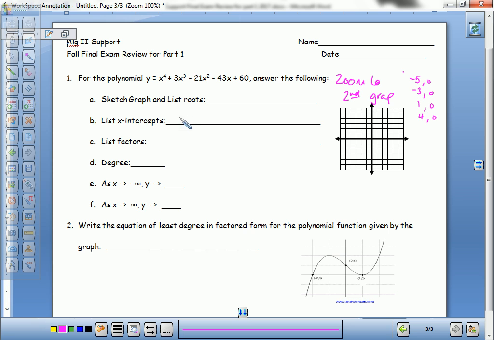So those are my x-intercepts. They're also called the roots. So the roots occur at -5, -3, 1, and 4. So my x-intercepts are just those ordered pairs: (-5, 0), (-3, 0), (1, 0), and (4, 0).